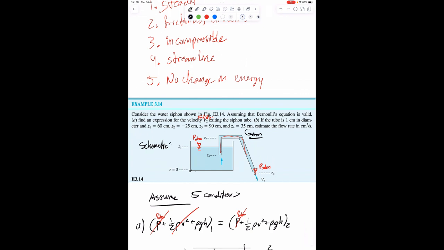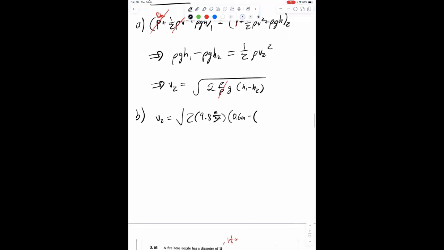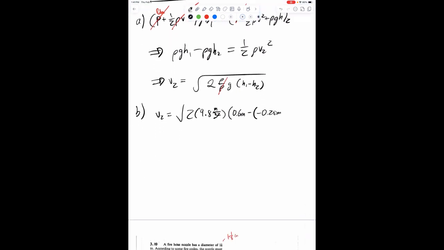Considering that our datum is here, it just means that we're 25 centimeters below our datum. So minus negative 0.25 meters, and all of that is square rooted. Therefore, V2 is equal to 4.08 meters per second.